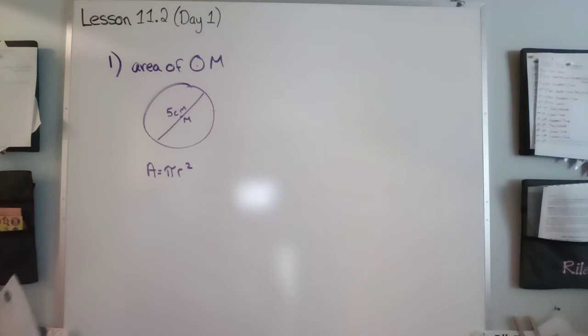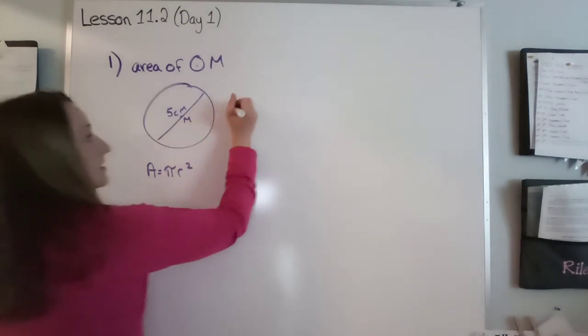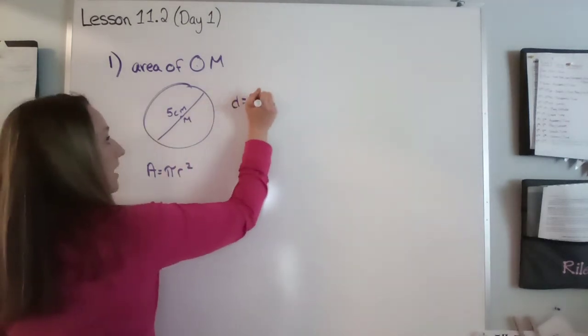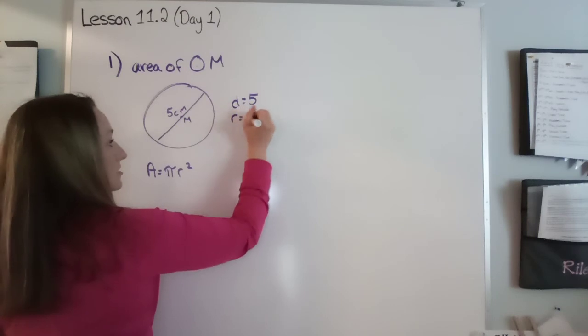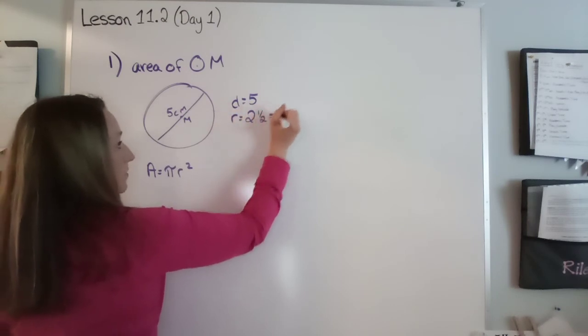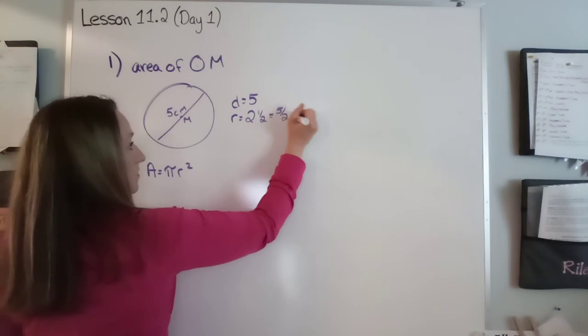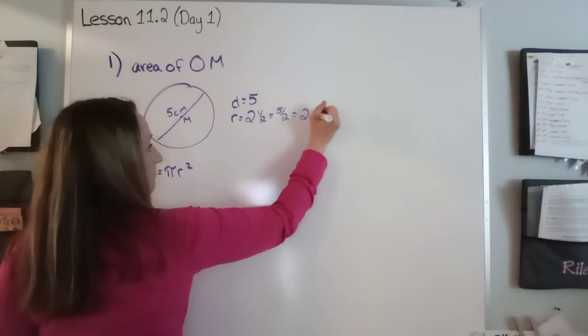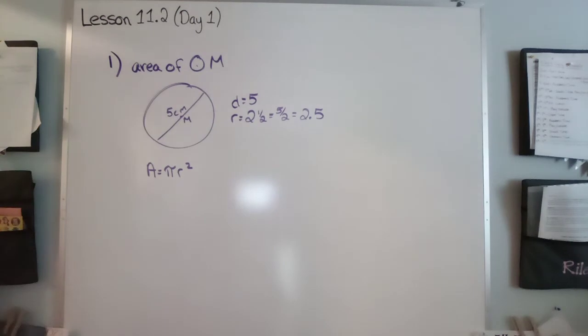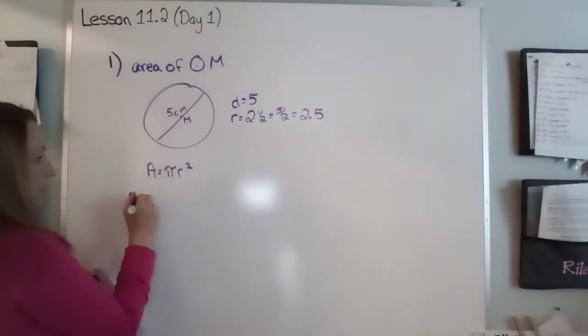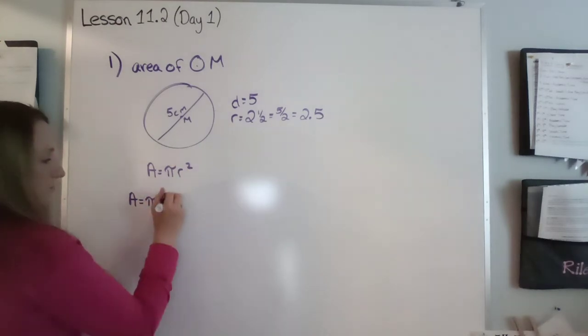And you can use 2.5. You could turn it into a fraction. It's kind of up to you. All right, so if my diameter is 5, that means my radius is 2.5 or 5 halves. Okay. I'll do it both using the decimal and the improper fraction just so you can see. So the area is equal to pi, and then I'm going to use 5 over 2 for the first one, 5 over 2 squared.